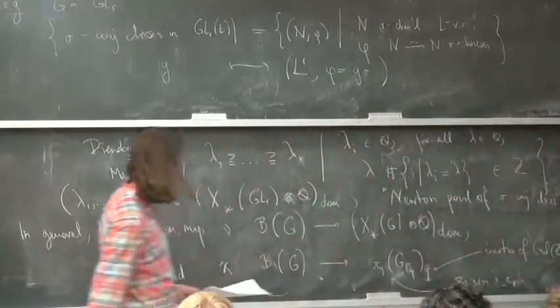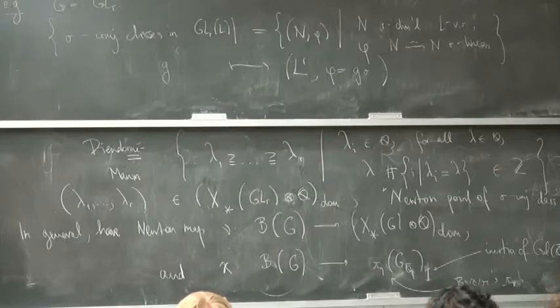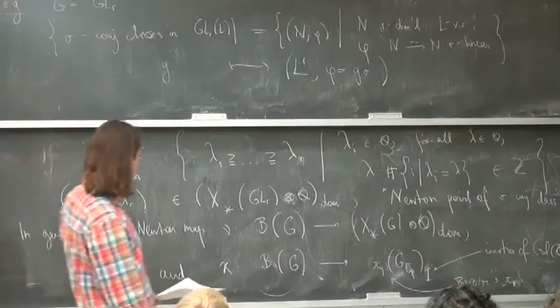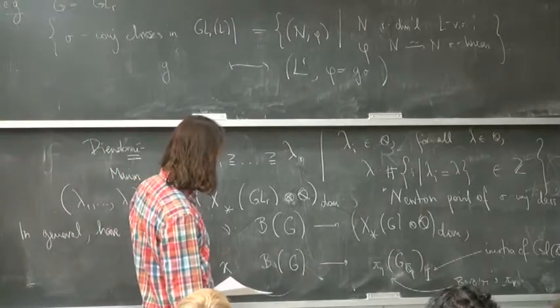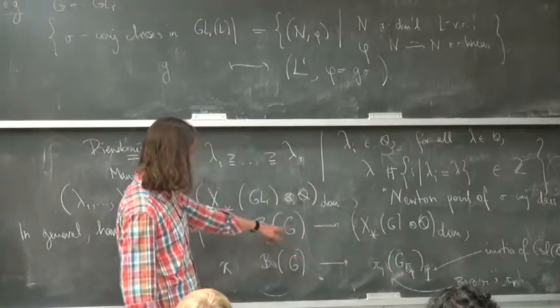Sorry, when you say in general, you mean georeductive group? Isn't that right? Like if G is anisotropic, then there are no, what does X star G mean? Geometric co-characters? I was base changing my G to QP bar here.